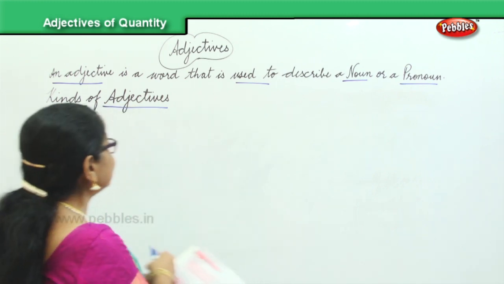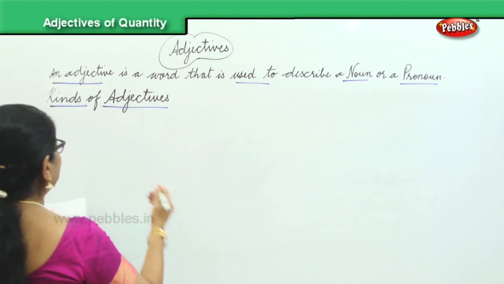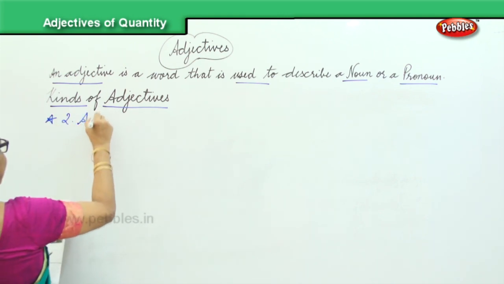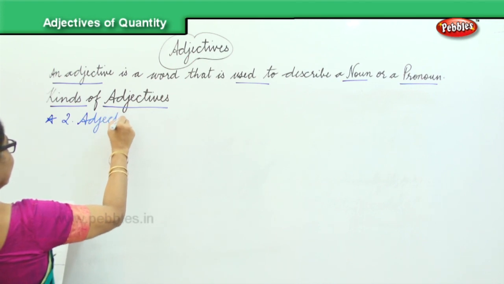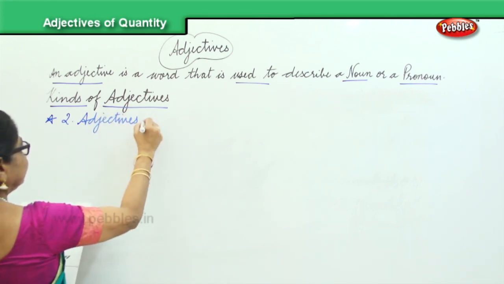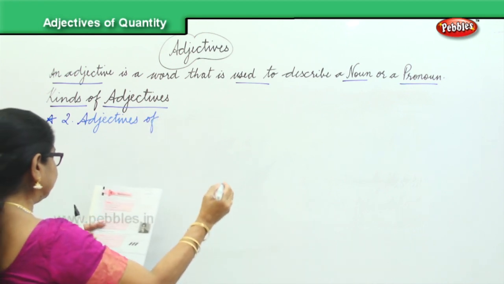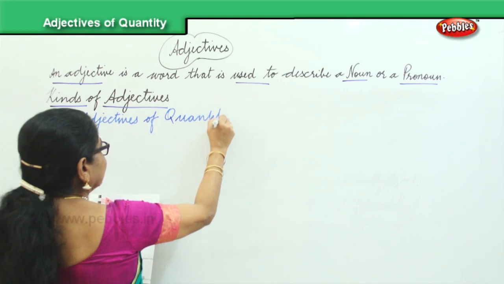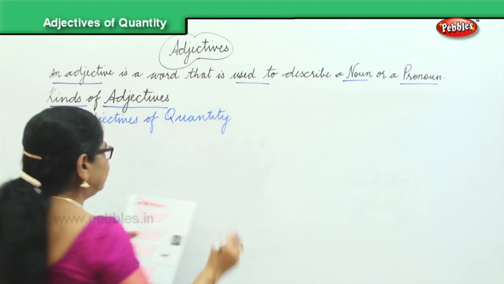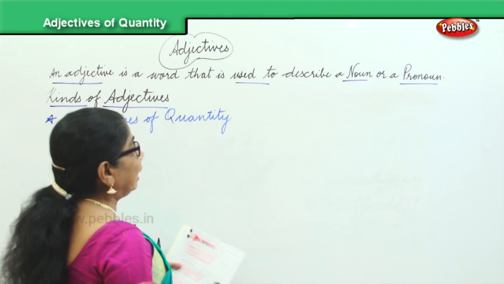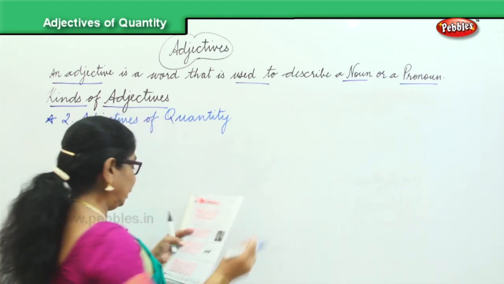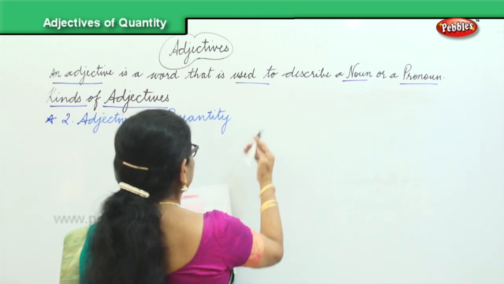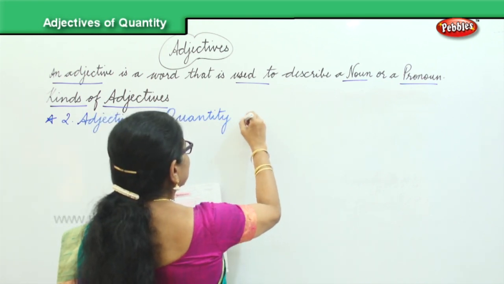Okay. The second kind of adjective is adjectives of quantity.